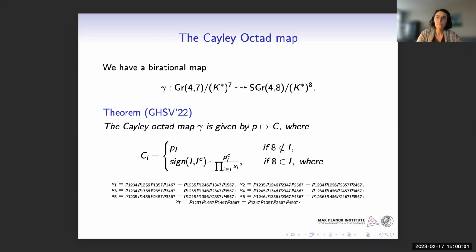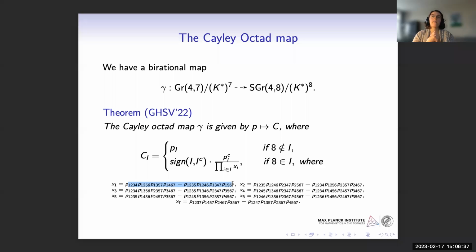A point from the Grassmannian 4/7 will be mapped to the Grassmannian 4/8 in a way that ensures it's going to be a self-dual point. We're keeping those coordinates where 8 does not appear in the index, and the ones where 8 appears, we modify in a certain way so that it fits together with the self-duality condition. For that we need these x_i, which again are binomials in terms of the Plücker coordinates that only contain 1 to 7 in their indices.